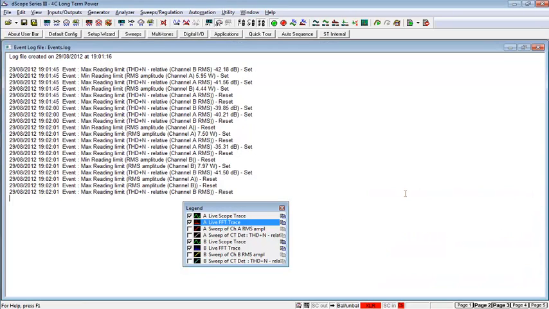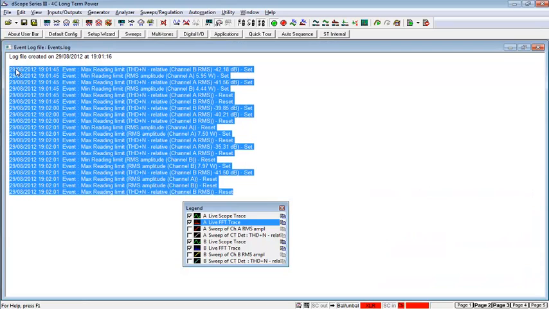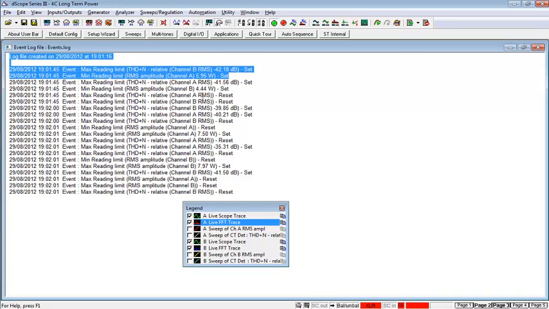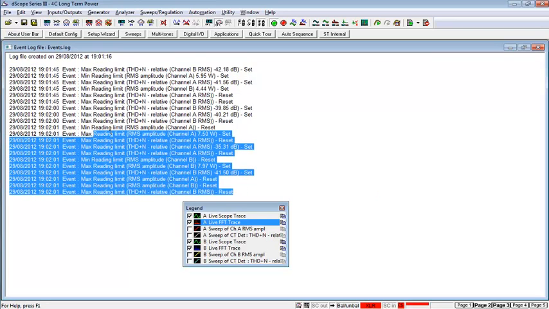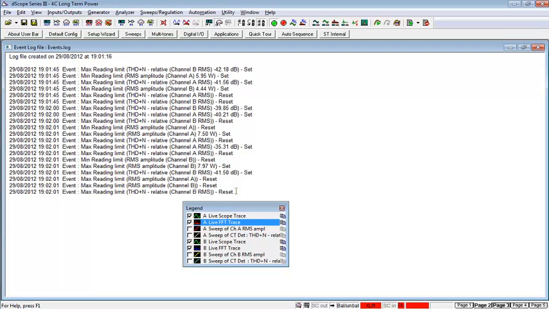But crucially, I've got a log here, an event log showing me all the events that happened since this test was launched. And this is a soft log. This is basically a file on my computer that will run indefinitely, recording all of the results until I stop the test, or perhaps if I've got a really bad problem, my hard drive fills up. But that would be a big problem.